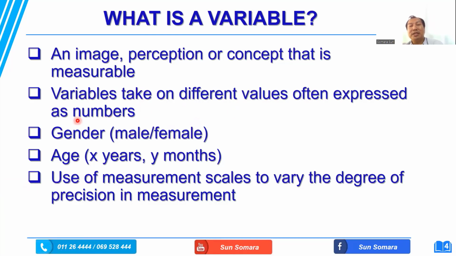Yes, just as numbers. For example, gender, male or female, or age, which can be in years or in months, and the use of a measurement scale to vary the degree of precision in measurement.